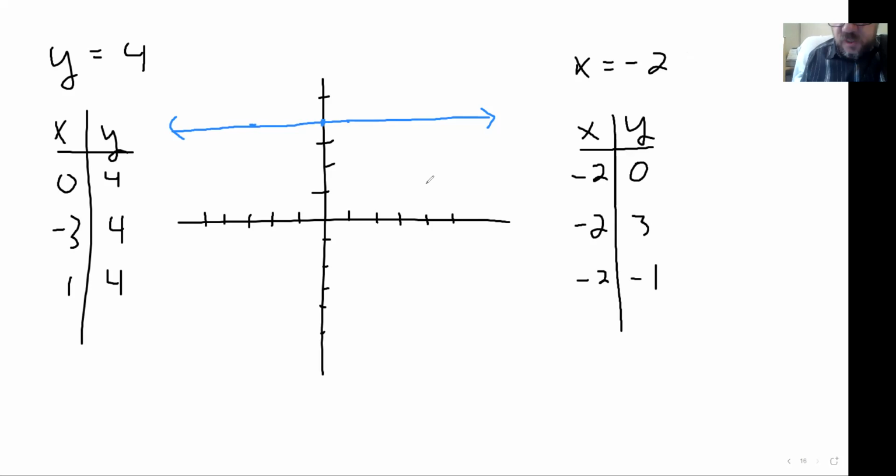So if x is negative 2, y is 0, so that's this point over here. If x is negative 2, y could be 3. That would be this point here. If x is negative 2, y could be negative 1. That would be this point. And I think you can see where this is going.